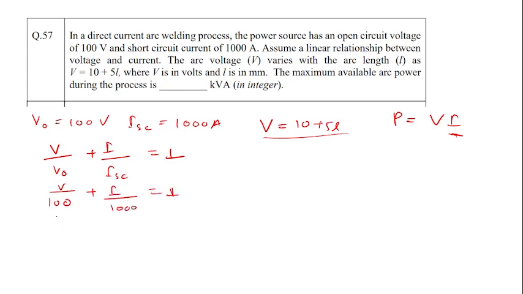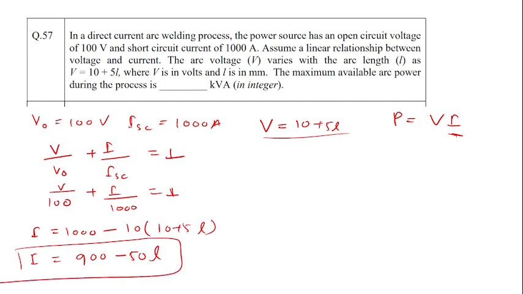So from here you will get I is equals to 1000 minus 10 plus 5L. So I will be 900 minus 50L. So I also we have calculated in terms of L. Now you can write P is equals to 10 plus 5L times 900 minus 50L.